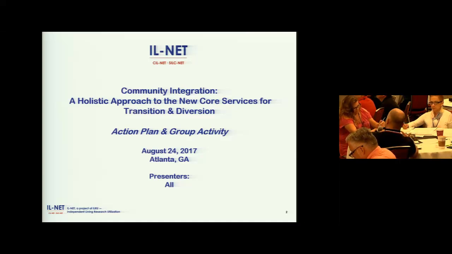But until we explain to them what we do, why transition is so important, why diversion is so important, wise use taxpayer groups is another one.